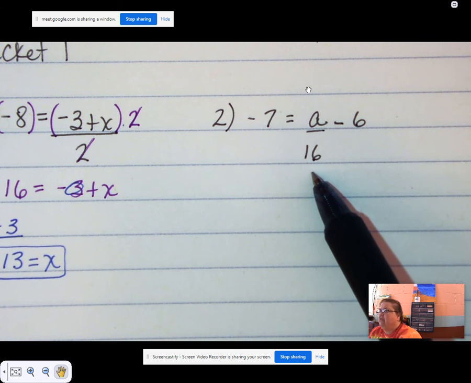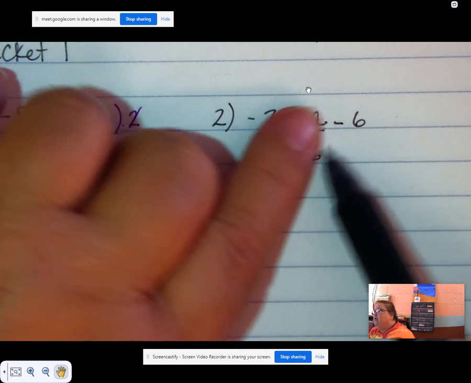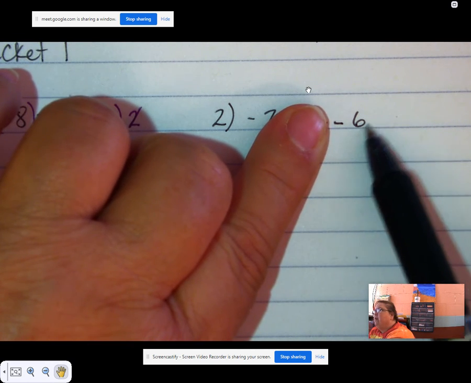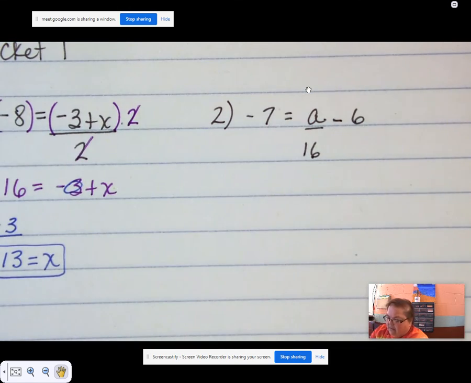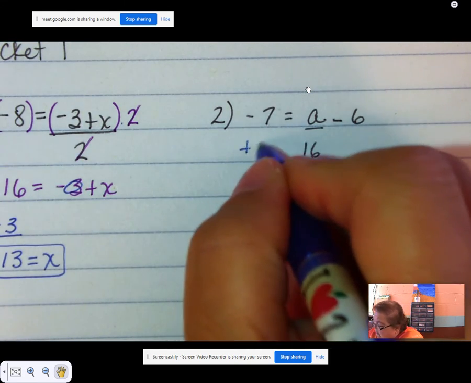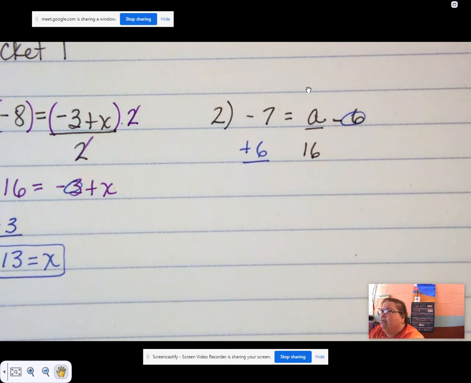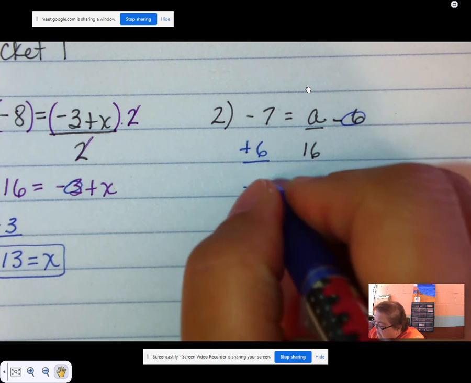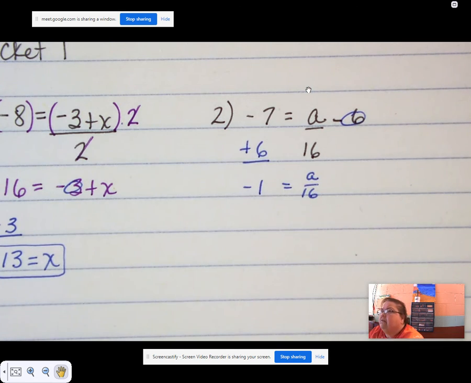No, it is not. I just have this part that is. So this is division and this is subtraction. Subtraction is going to go away first. So I'm going to add 6 over here to get that to be a 0. And then I'm going to have negative 1 equals a over 16.